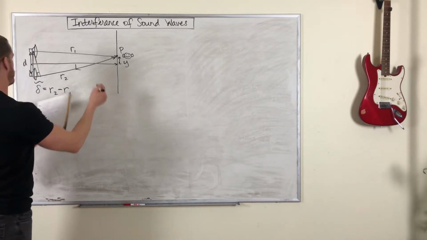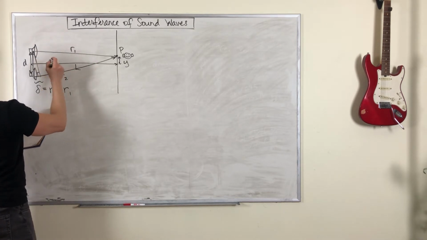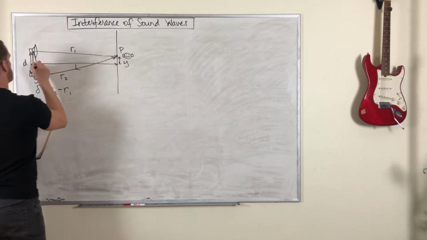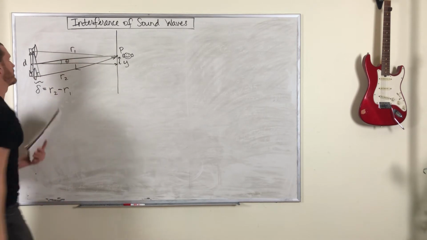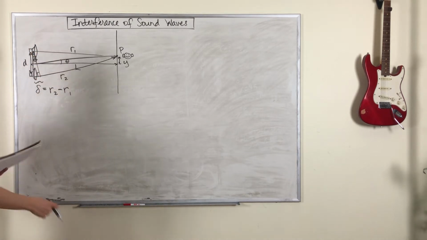All right, so let's look at my geometry here. Draw another line and define this angle theta. By geometry, it's the same as this angle theta.